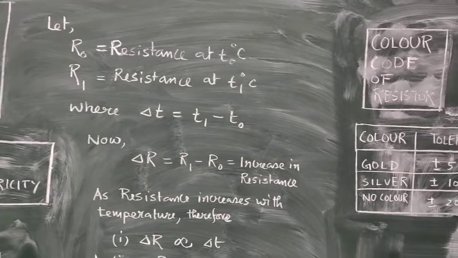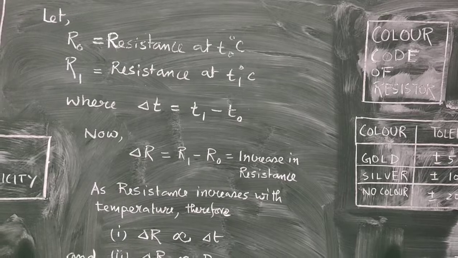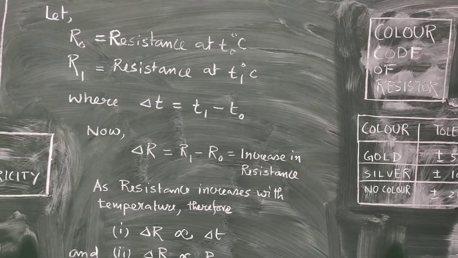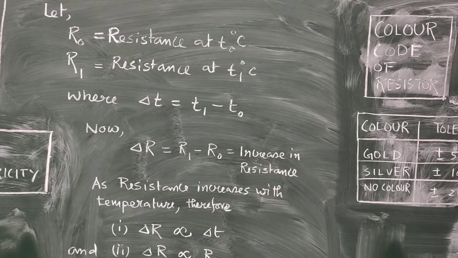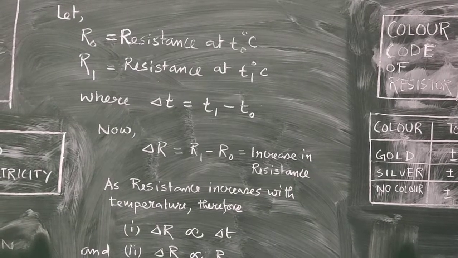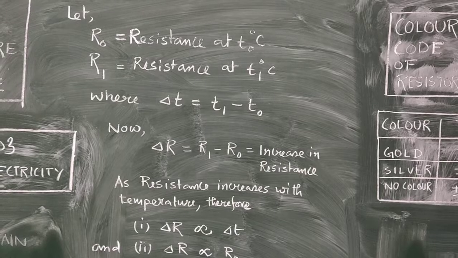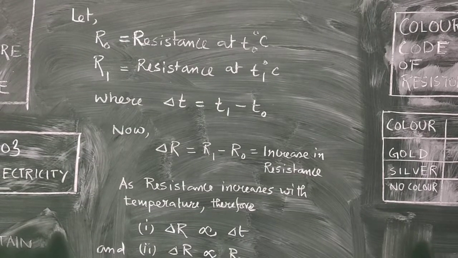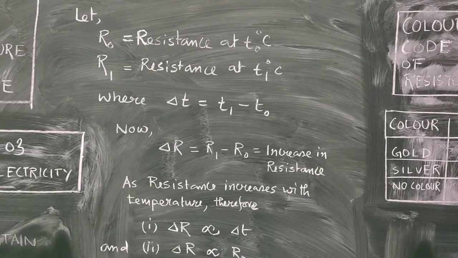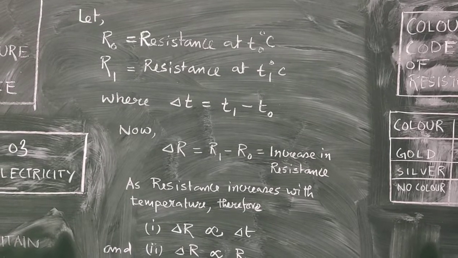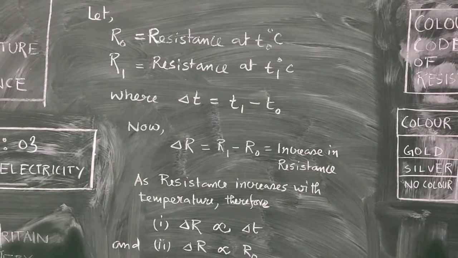So the change in temperature delta T is T1 minus T0, in degrees centigrade. The change in resistance will be R1 minus R0. So R1 minus R0, or delta R, defines the increase in resistance because there is an increase in temperature.